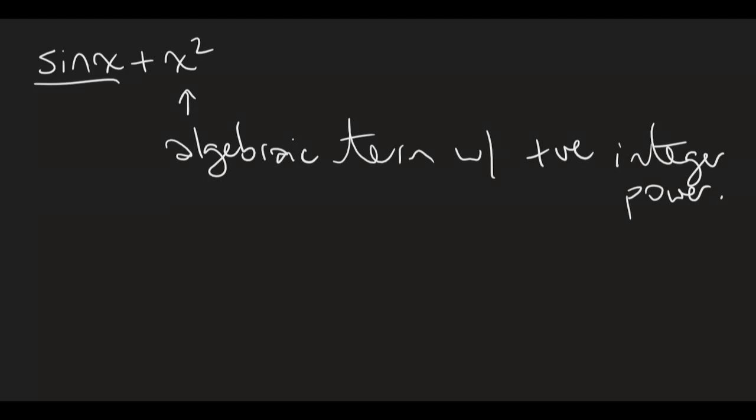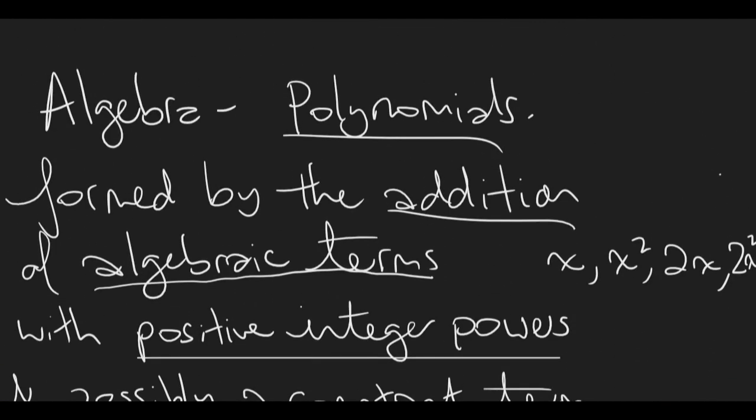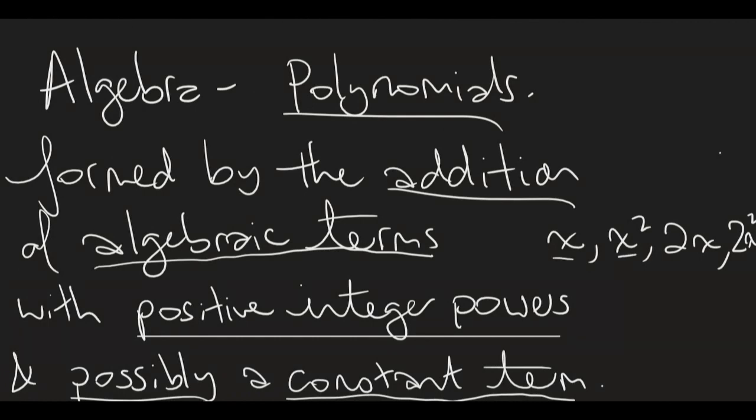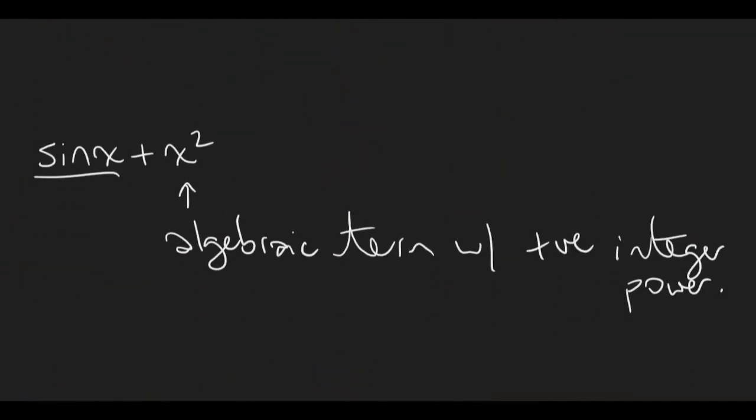So an algebraic term, and I've just copy and pasted from Wikipedia, a term is either a single number or a variable or numbers and variables multiplied together. So as we'd seen above, just to recap, something like x squared, 2x, or 2x squared is an algebraic term, but sine of x or ln x or other things like that, strange beasts, aren't algebraic terms.